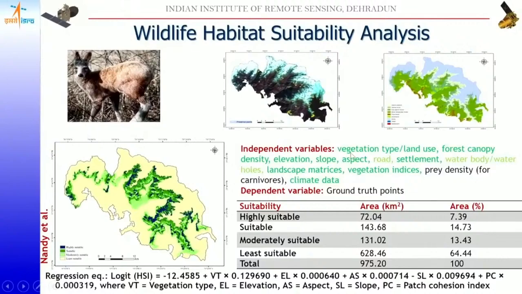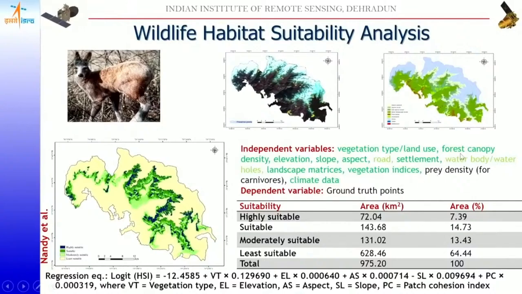One of the most important will be the vegetation type, the cover, the land use, and the elevation, slope, aspect, various topographical factors, and also the impacts of human beings. What disturbance factors are there, and in the case of carnivores we also include the prey density.